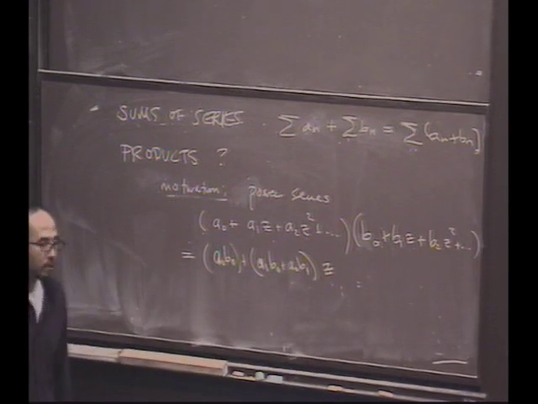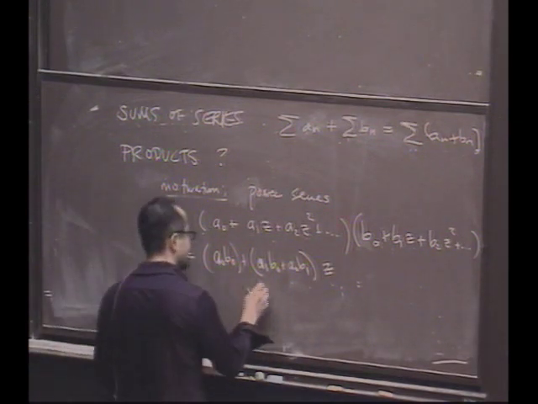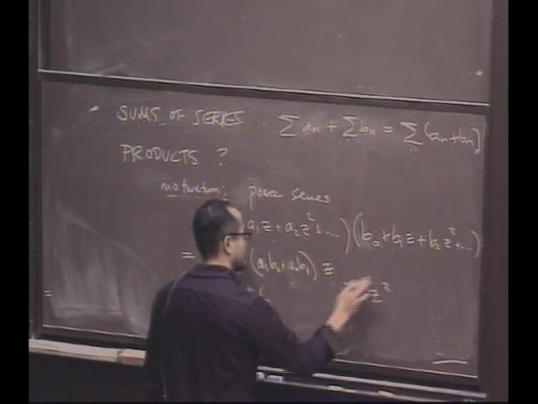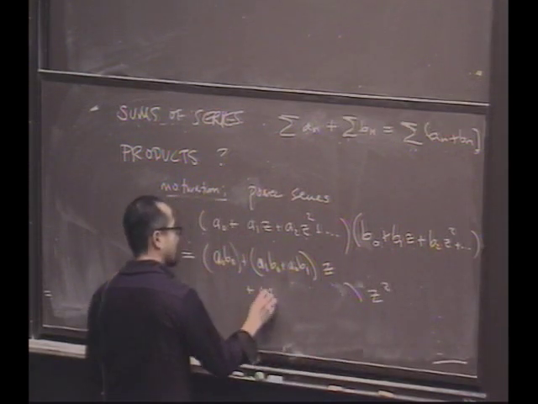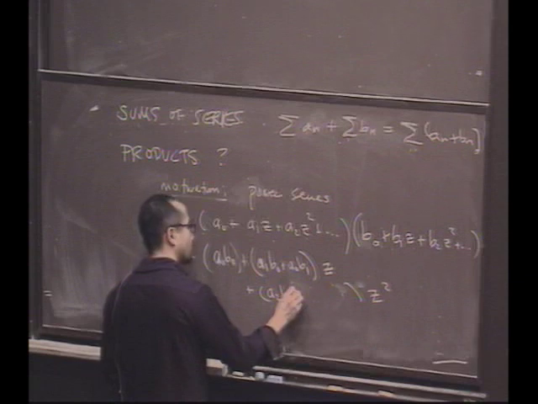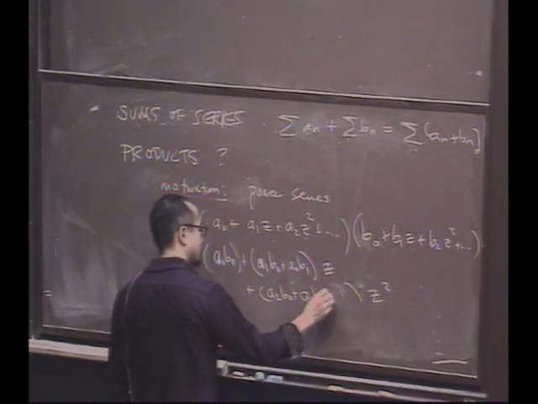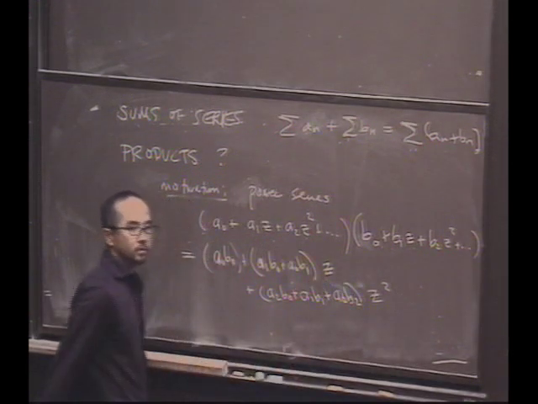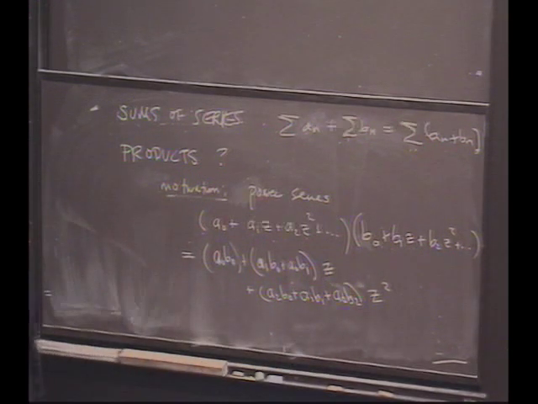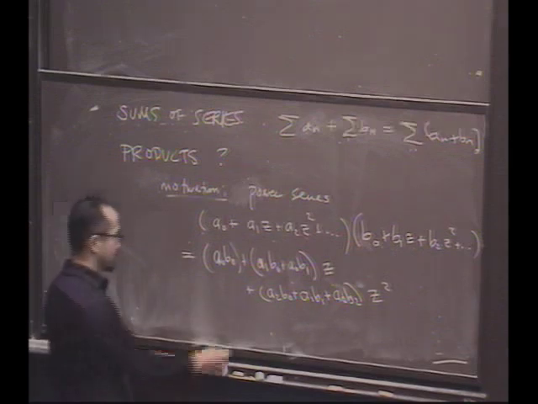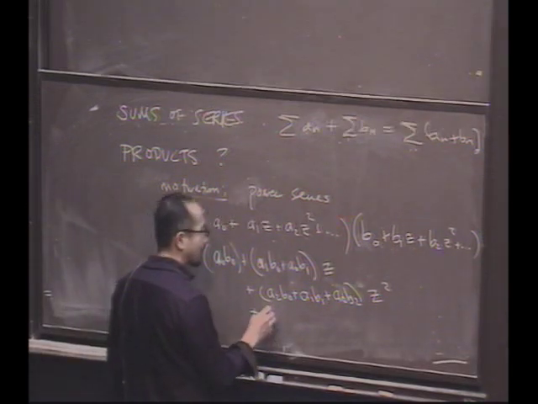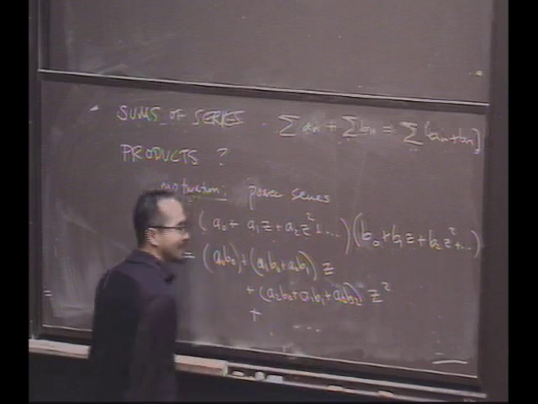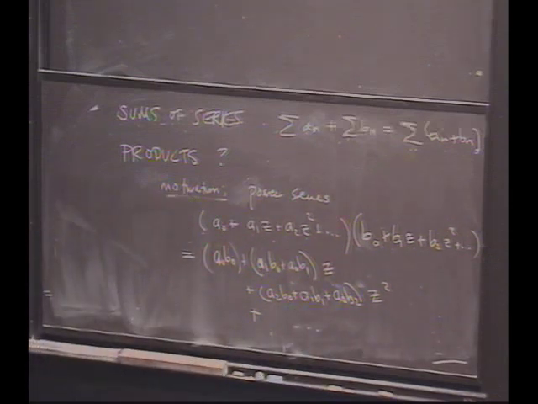And the third term comes from either a_2 b_0, or a_1 b_1, or a_0 b_2. And you can probably see the general pattern, which we won't write out. Dot, dot, dot. That's a good way to write the general pattern.